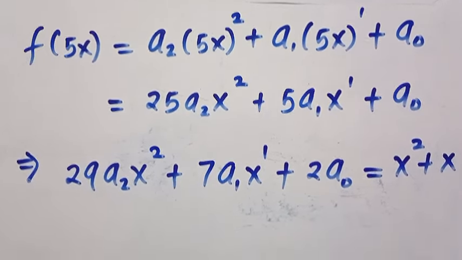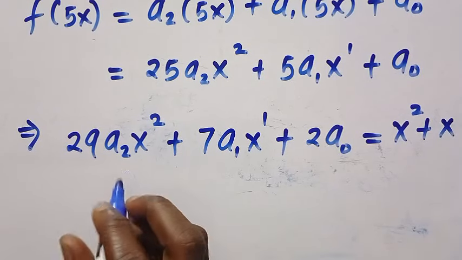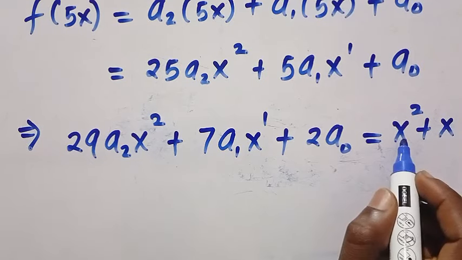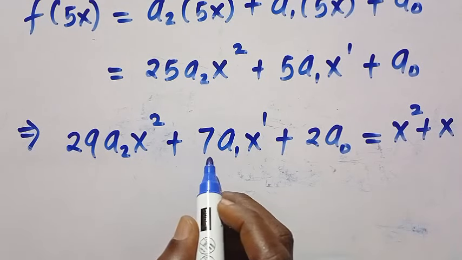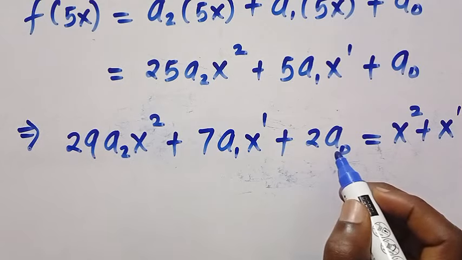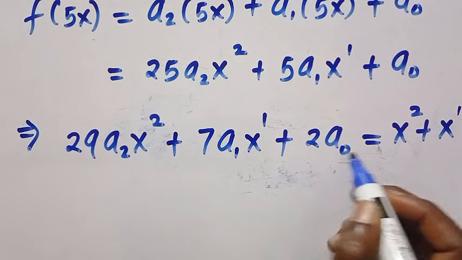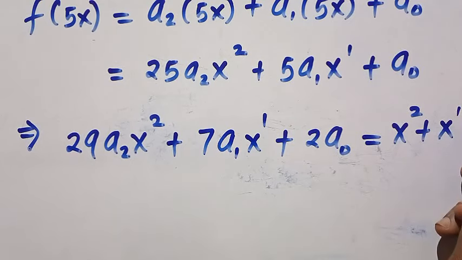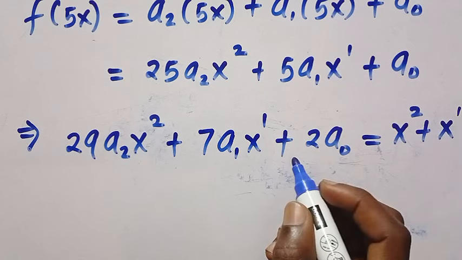By comparing the coefficients, we have x squared here, and here we have x raised to power 1. There is no constant value, so we have to reject this because what is equivalent to it is 0, so it becomes 0.